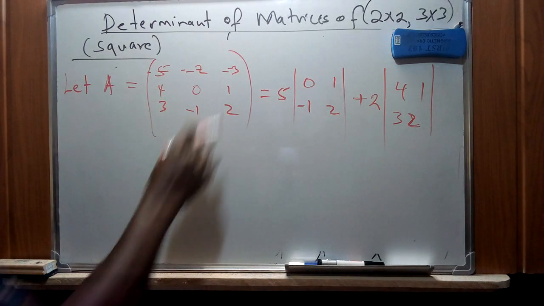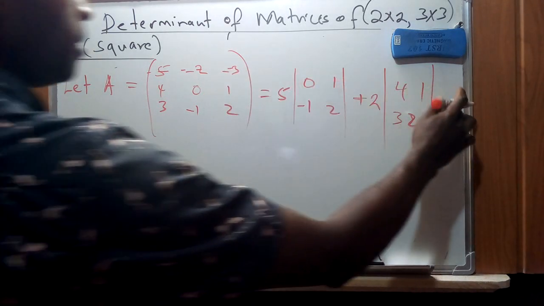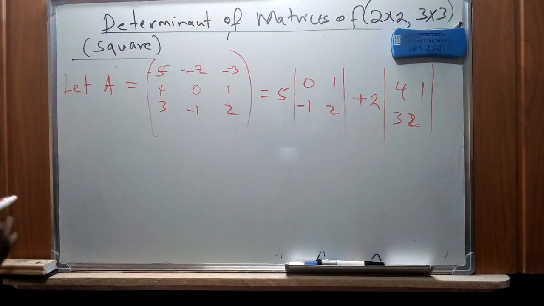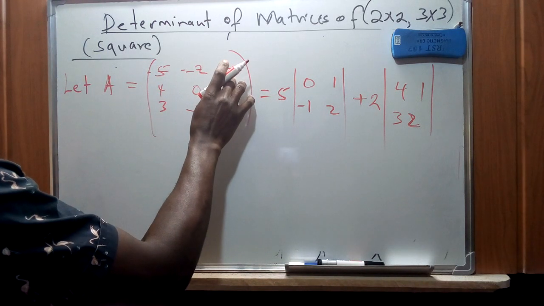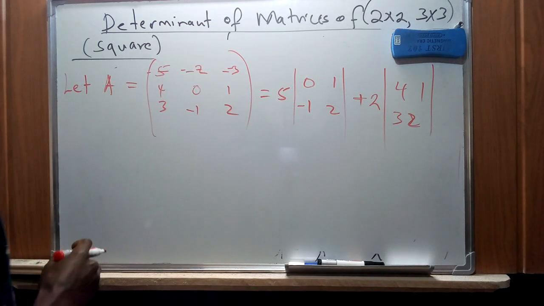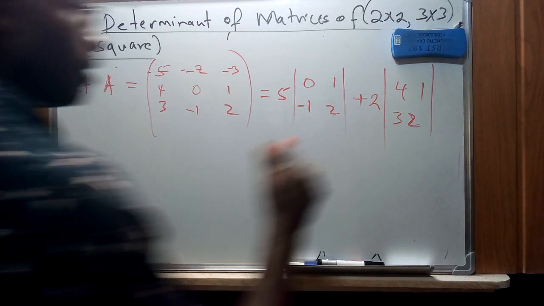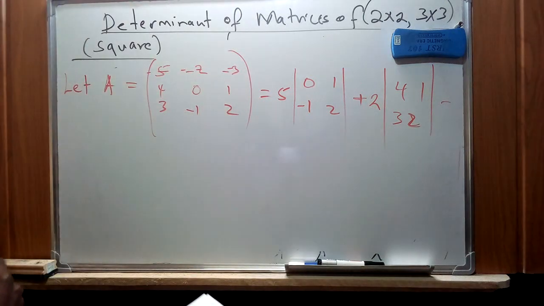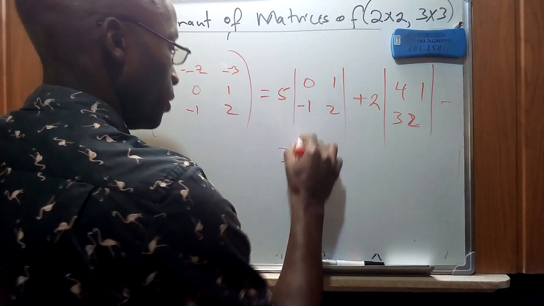And then the last one, I'm supposed to have an addition, and the element at row number 1, column number 3 is negative 3. So still I'll have a negative 3. It's a continuation.